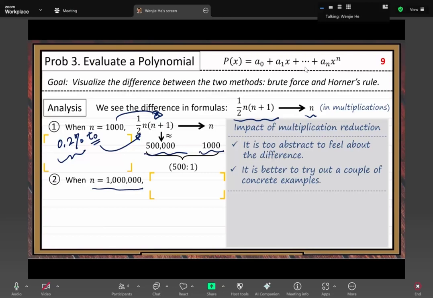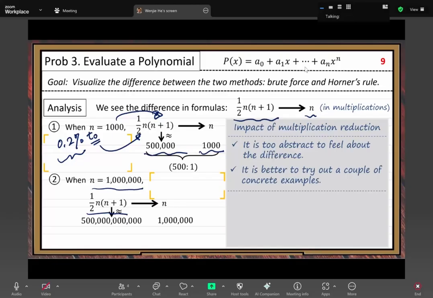If n is 1 million, you plug into the first formula, this time approximation. N is 1 million, and when you plug into this formula, you get this number. What is this number?